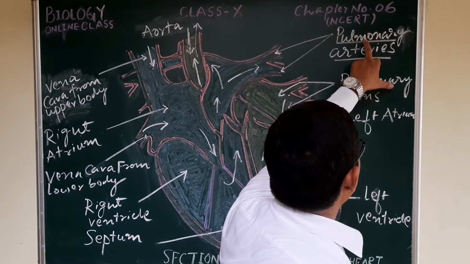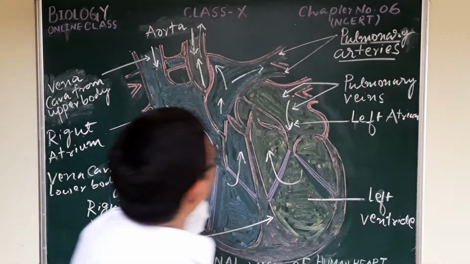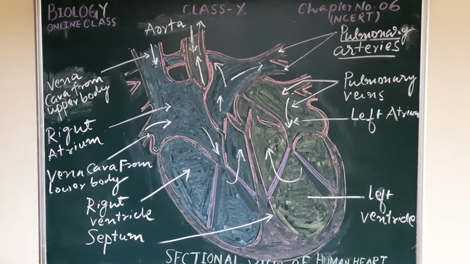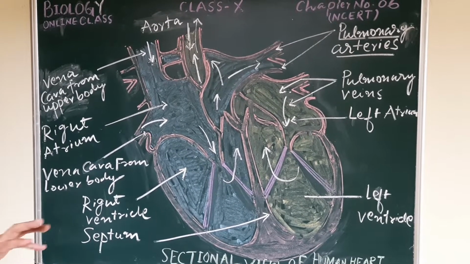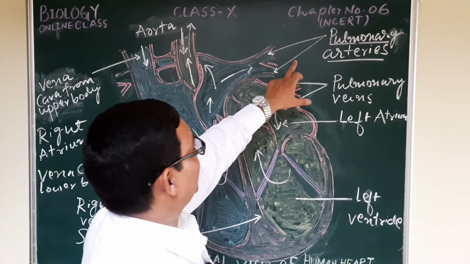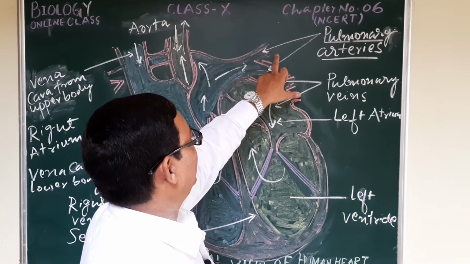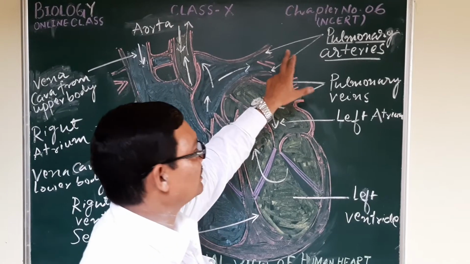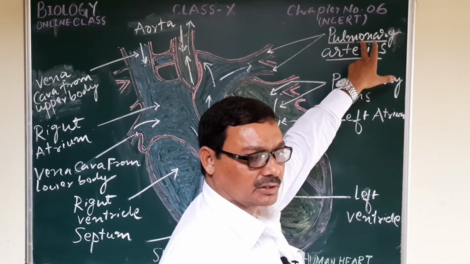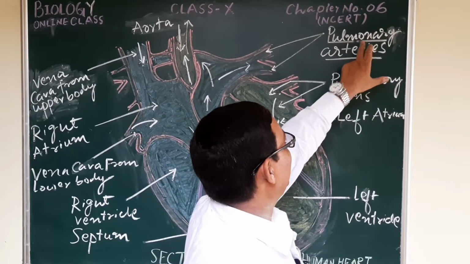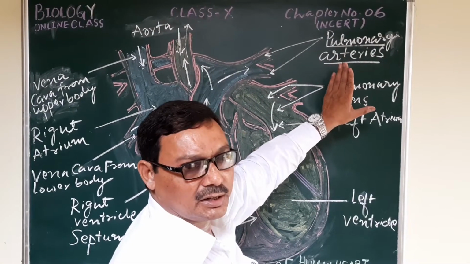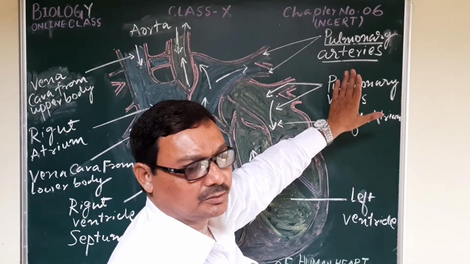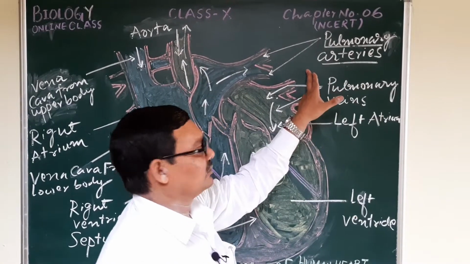As we know, in arteries oxygenated blood is circulated, but this is the exception, because within the pulmonary arteries deoxygenated blood will circulate.